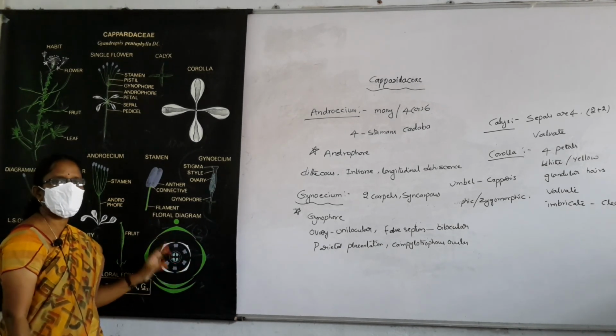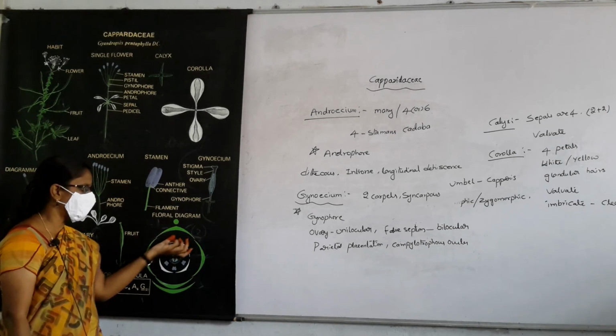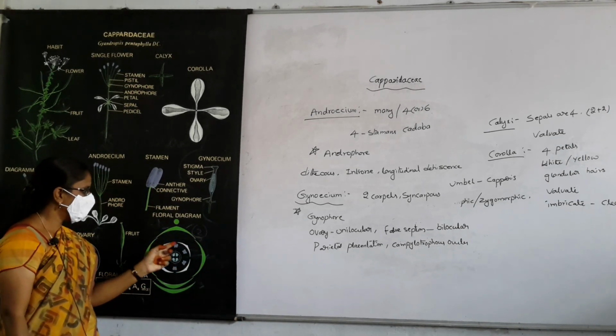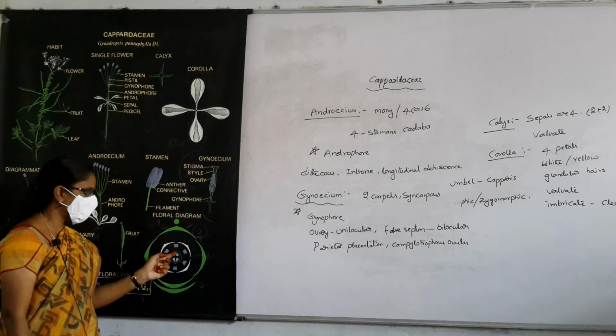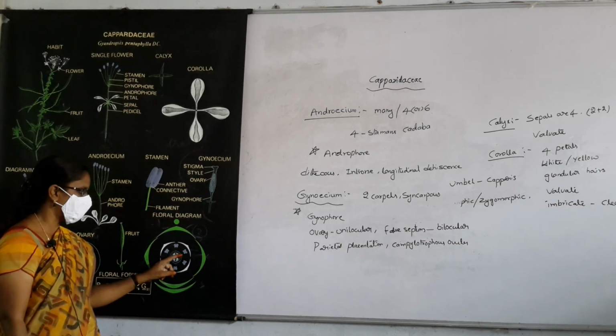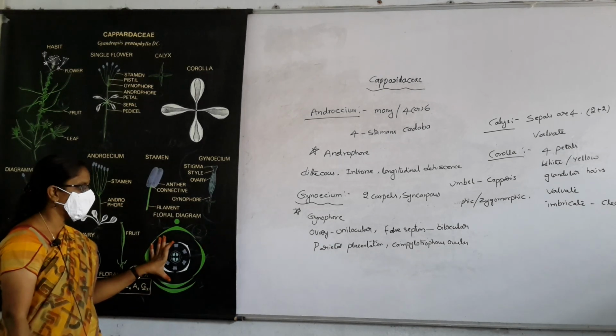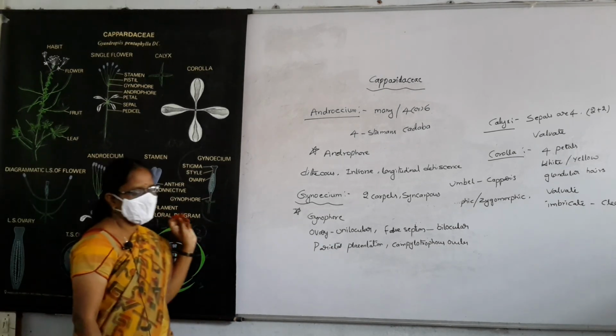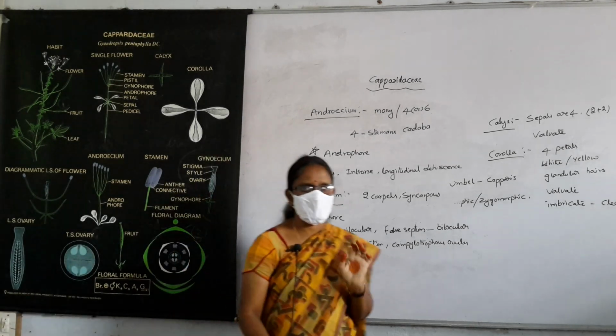In Cleome plants, 4 stamens are present. In some plants, many stamens are also present. Inner to the anthers, the ovary is present. This is the TS of the ovary. This is the floral diagram of the Capparidaceae family. And in the next class, we will continue with the economic importance of the Capparidaceae family.